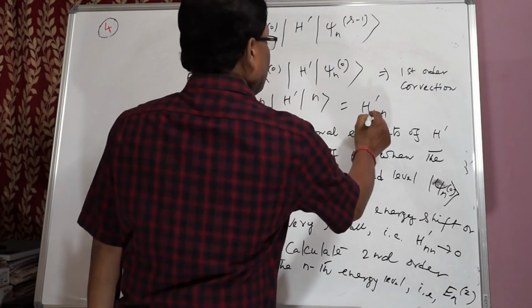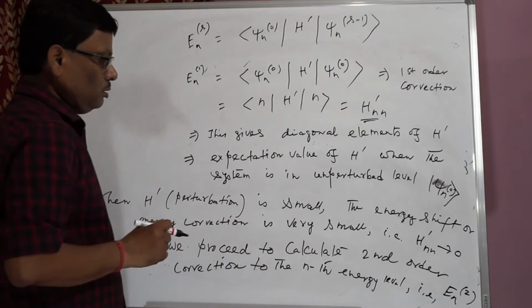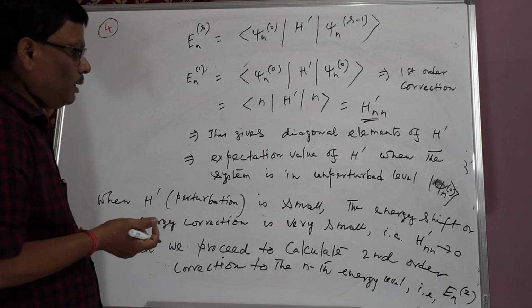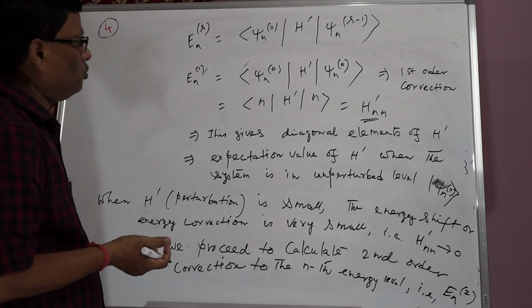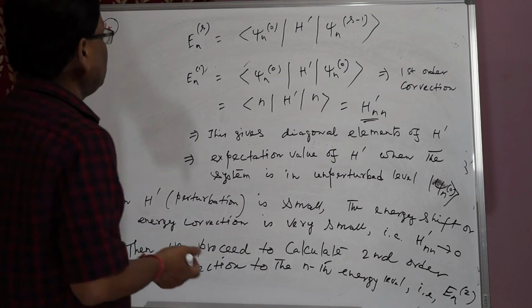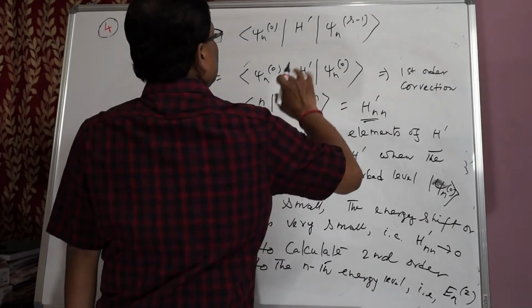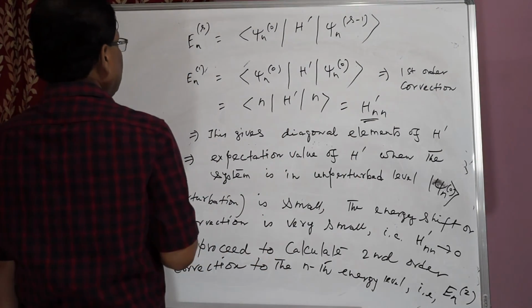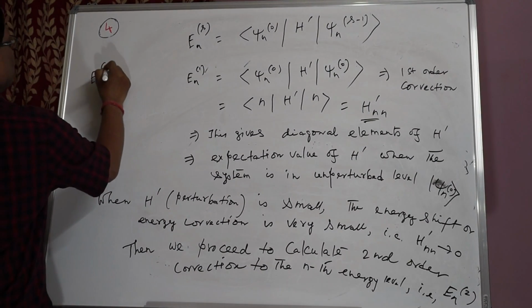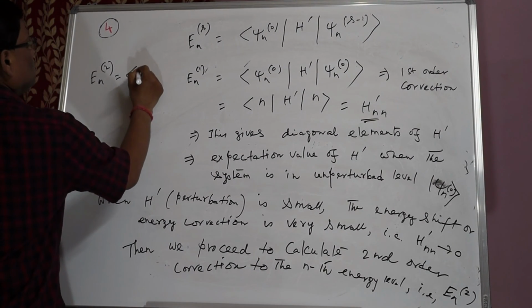So when H prime is small, to get any corrections to the nth energy level, we then proceed to E n2, which can be determined when s equals 2. So to get E n2, the second order correction, I use this equation.